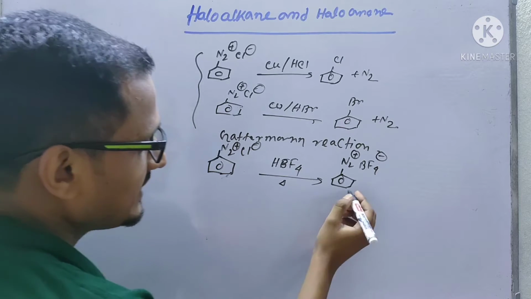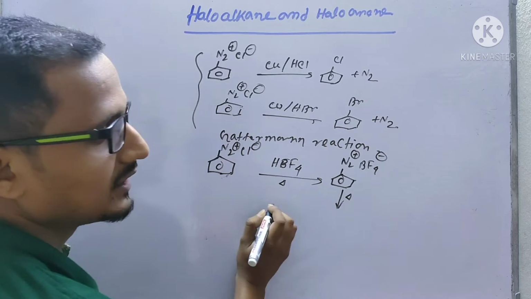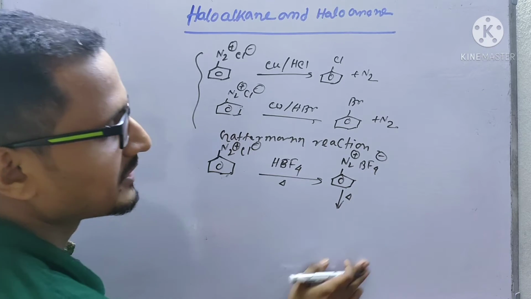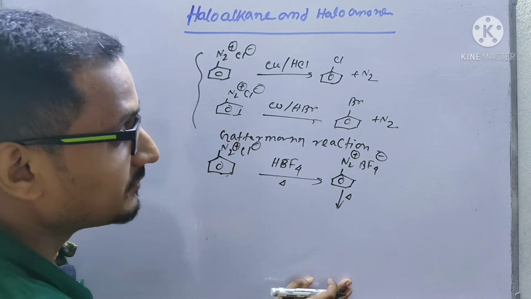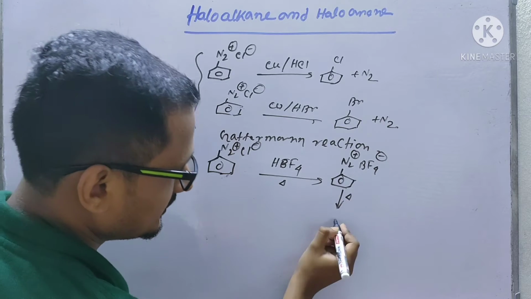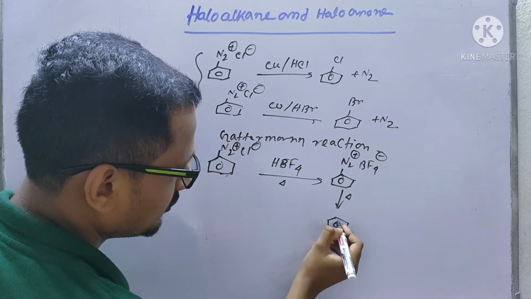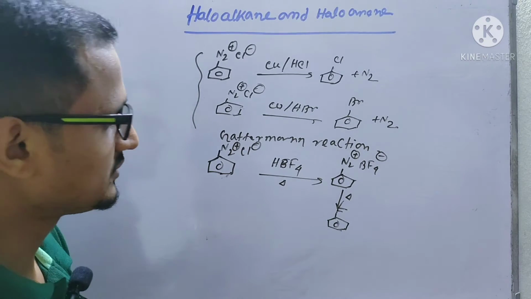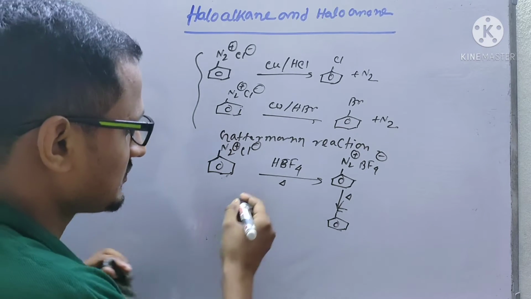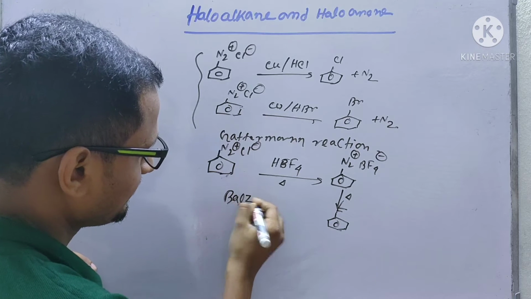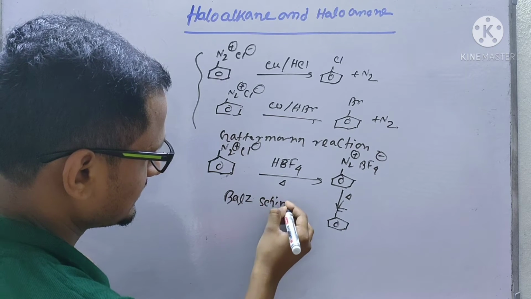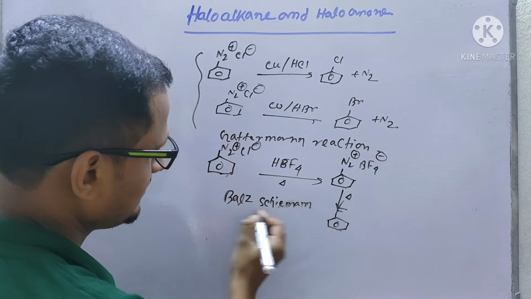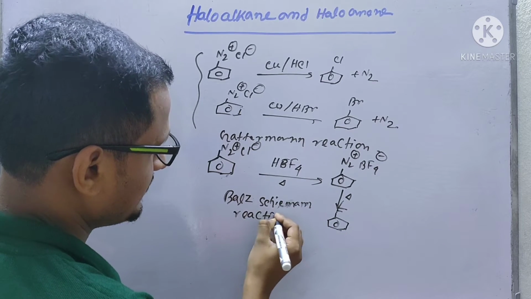Now if you again heat this one, then after the removal of BF3 and nitrogen, you will get fluorobenzene. Understood? So this one is very important, and this reaction is called the Balz-Schiemann reaction.